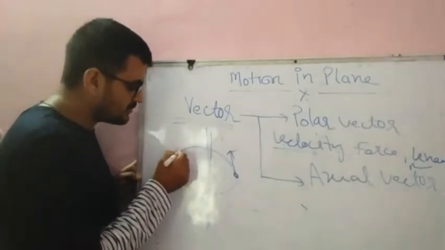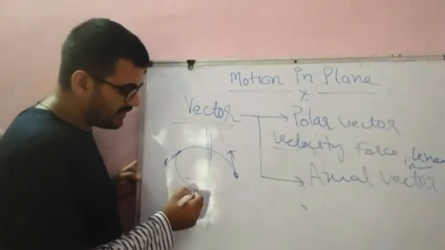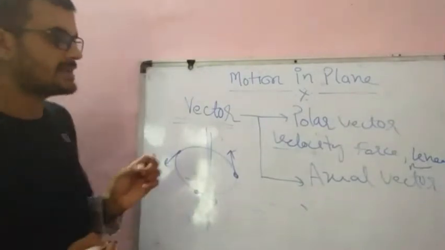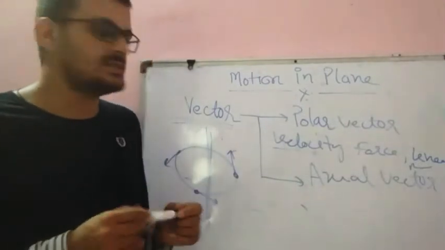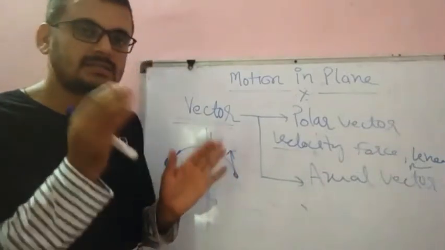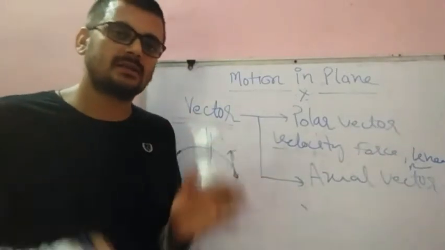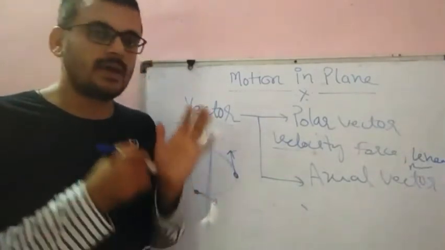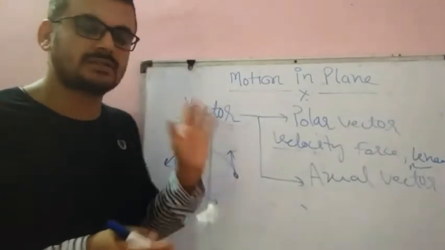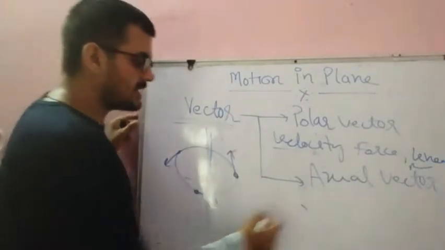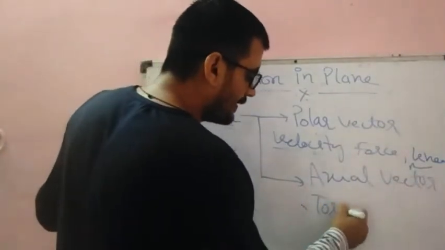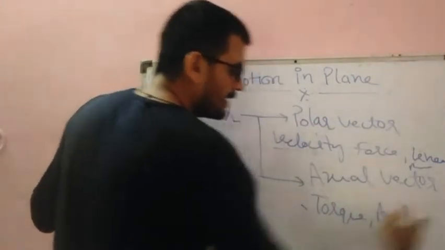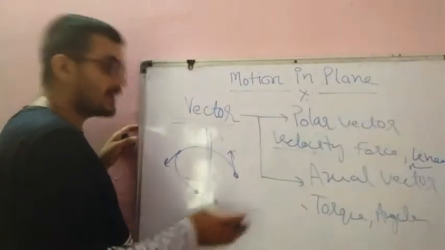Axial vector is always directed along the axis of rotation of the body. Examples: torque, angular velocity, and angular momentum.